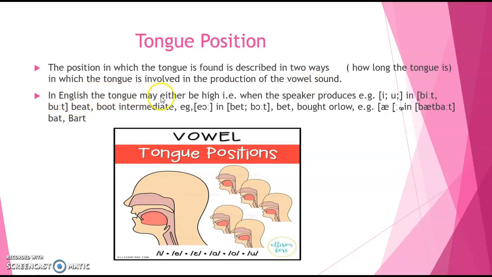In English, the tongue may be high, as when the speaker produces the vowel in beat, intermediate, as in bet, or low. This is the vowel tongue position.